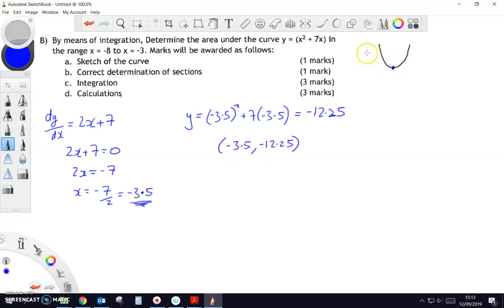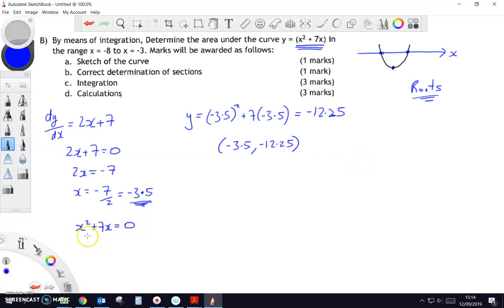Now, the next points we need to figure out are where our graph cuts the x-axis. These 2 points are known as roots. So to get the roots, we solve this, x squared plus 7x. We set x squared plus 7x equal to 0.